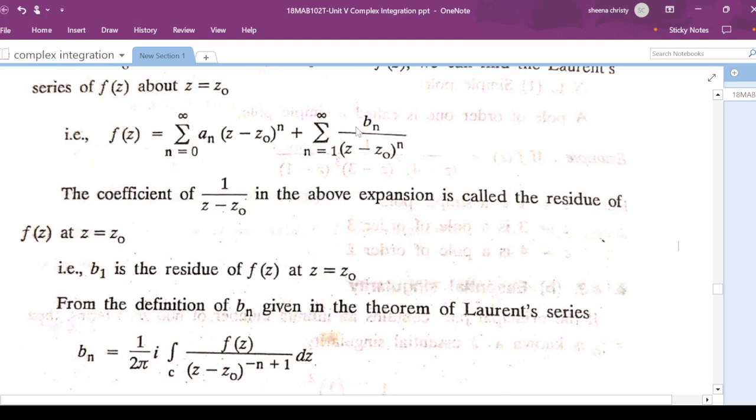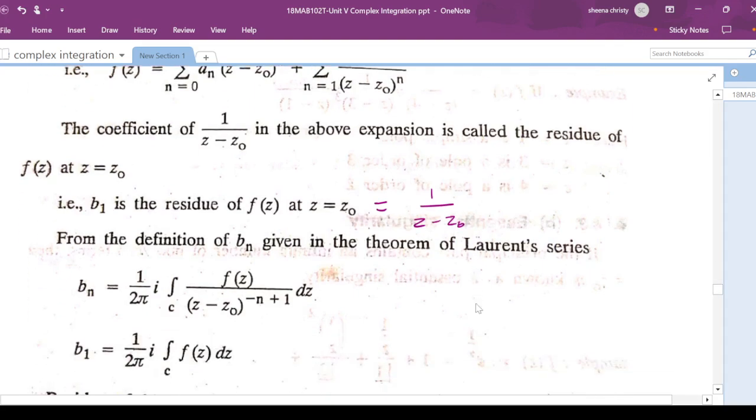Therefore, the coefficient b1 when n = 1 gives us the residue of f(z) at z = z0. From the definition of b_n given in the theorem of Laurent series, we know that b_n = 1/(2 pi i) integral over C of f(z) / (z - z0)^(1-n) dz.